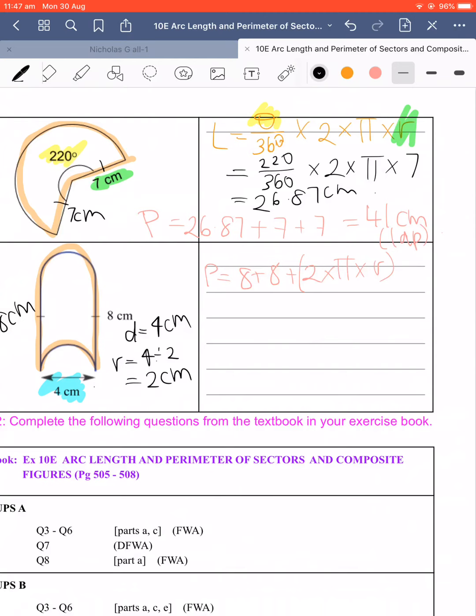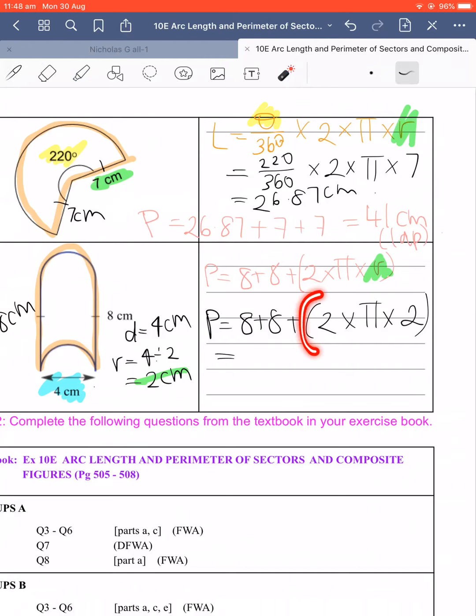Now I can write in my answer because I can now substitute this 2 centimeters into here. And let's just color code that so we have it there for us. So let's put it in. So I've got my perimeter of 8 plus 8 plus 2 multiplied by pi multiplied by 2, which when I put it into the calculator, remember that you have brackets here as well because it will change it otherwise.